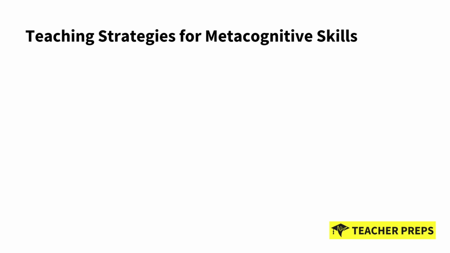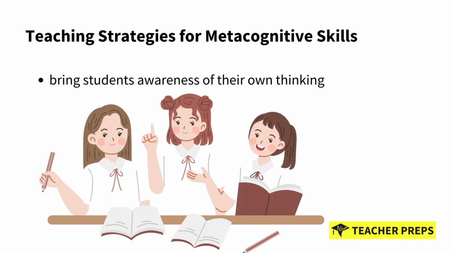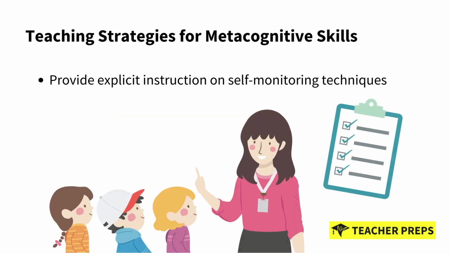Next, teaching strategies for metacognitive skills for our students in grades 4, 5, and 6. First, bring students awareness of their own thinking. This can be done through discussions, prompting questions, or reading journals where students document their own thoughts, their feelings, and their responses to what they read. Also, provide explicit instruction on self-monitoring techniques for our students.